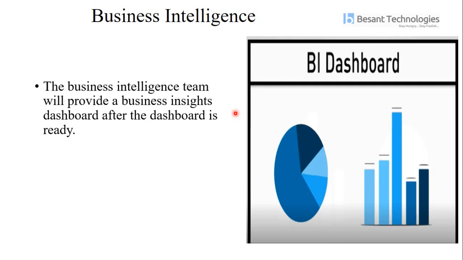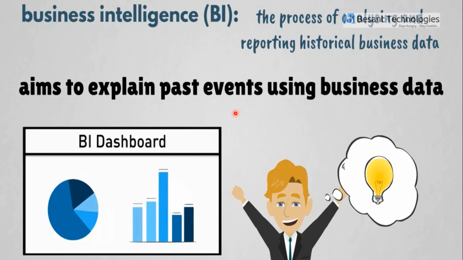That's what business intelligence is. The aim of business intelligence is to explain past events using our past business data. Here we are analyzing and reporting the history of our data. This is how the business intelligence team works.